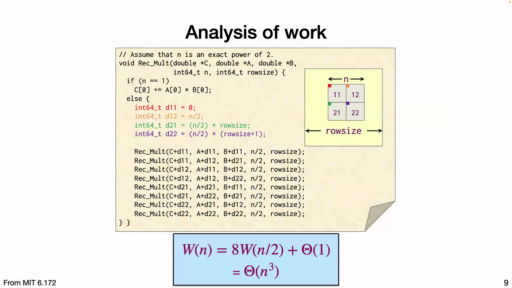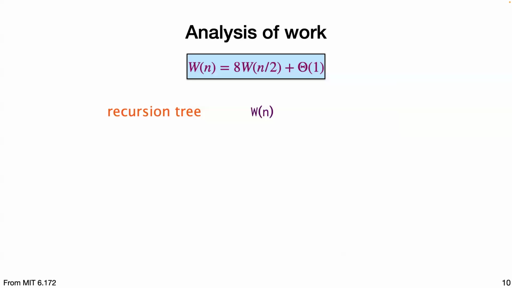Okay, so last time we said that the work is the same as with the 3 loops. This is theta n cubed because we have this recurrence, 8 T(n/2) plus theta 1, and then by master theorem, this is n cubed. Another way to think about the work, which underlies the master theorem, is the analysis of this recursion tree.